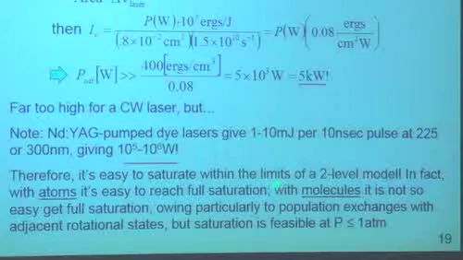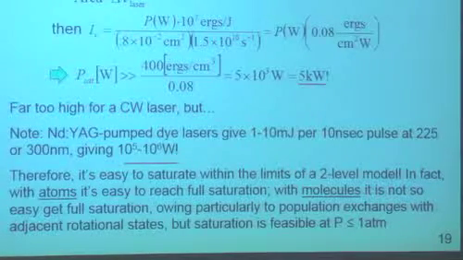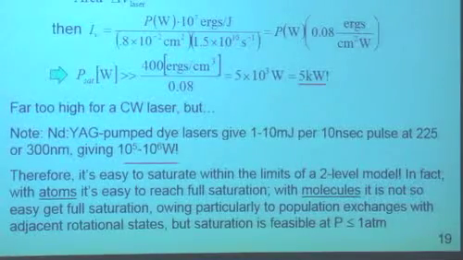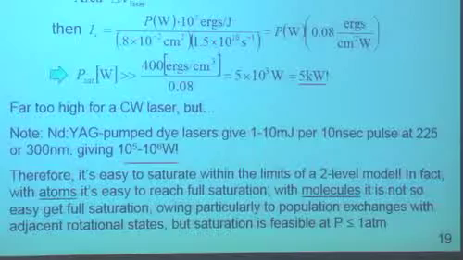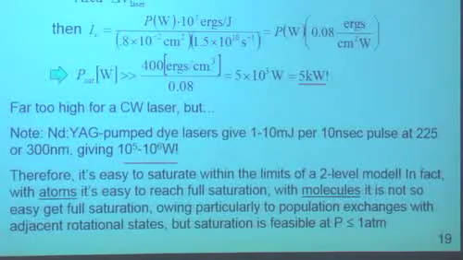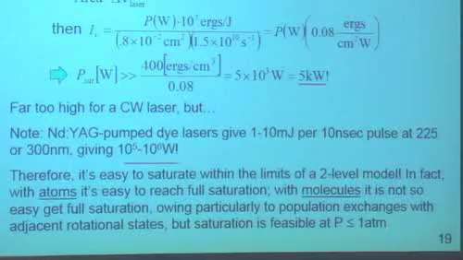But molecules are a tricky problem because molecules are not really two-level systems. Every time I depopulate level J, the neighbors want to come in and repopulate at a rate of 10 to the 9, 10 to the 10. So every time I bump some up here, trying to saturate, the neighbors come in.